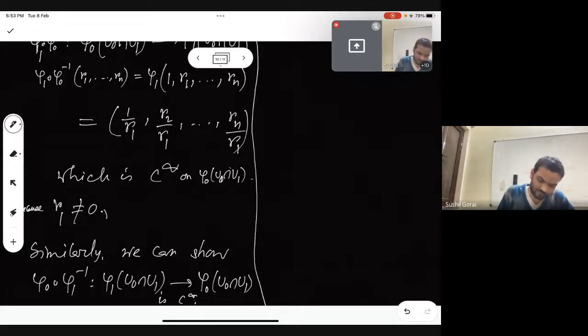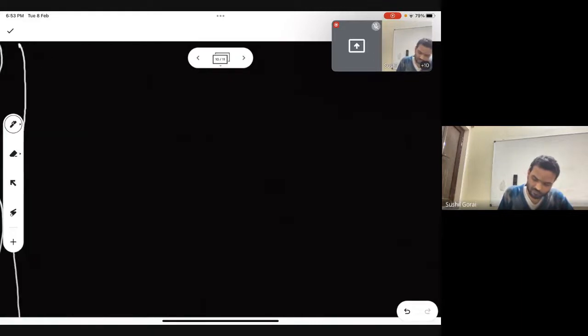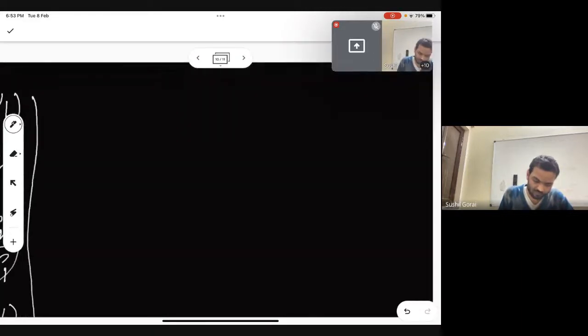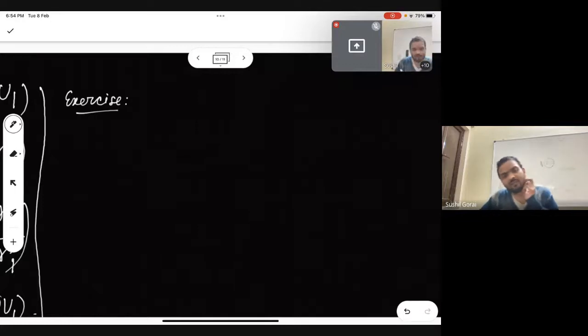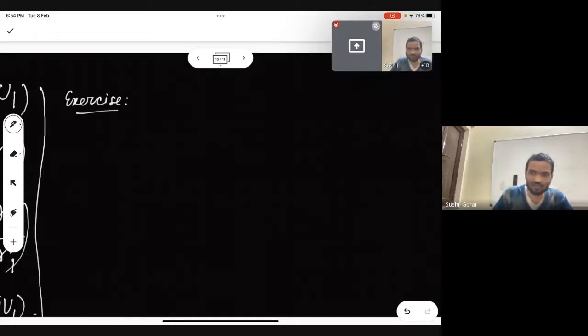This exercise is routine to check, but I want you to do this hands-on computation. There is nothing else.